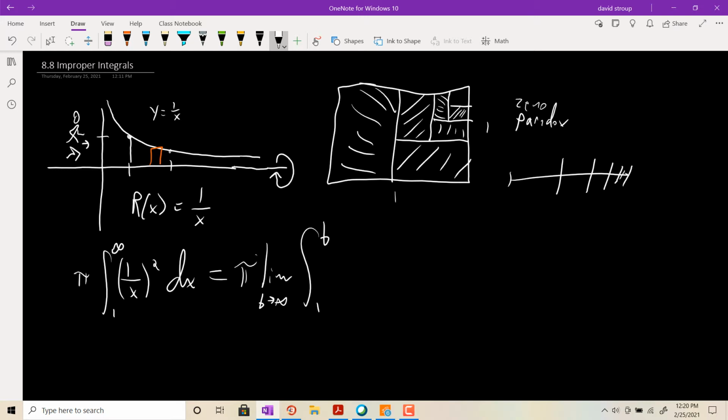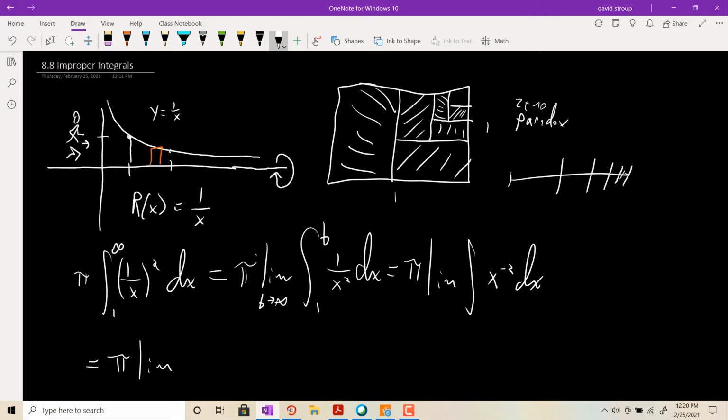So you'll have 1 over x squared dx, and of course you'll probably want to use the power rule. You get pi times the limit of the integral of x to the negative 2 dx, and that equals pi times the limit of x to the negative 1 over negative 1, so negative 1 over x, evaluated from 1 to b, as b goes to infinity.